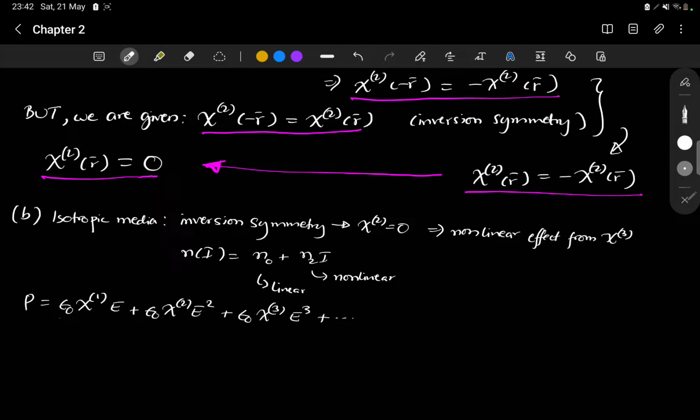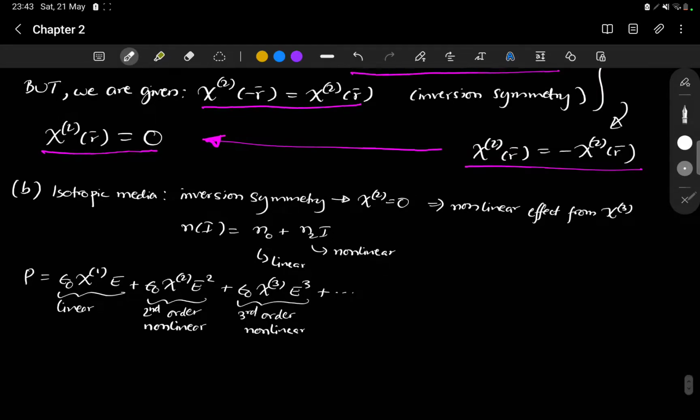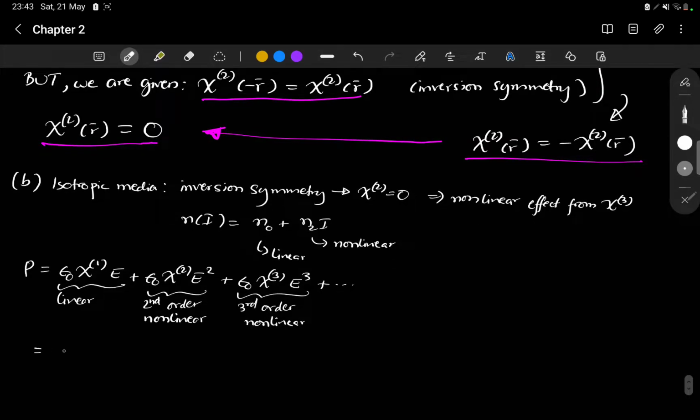This is linear, this is second order nonlinear, this is third order nonlinear. Since chi2 is equal to 0, we have the following.